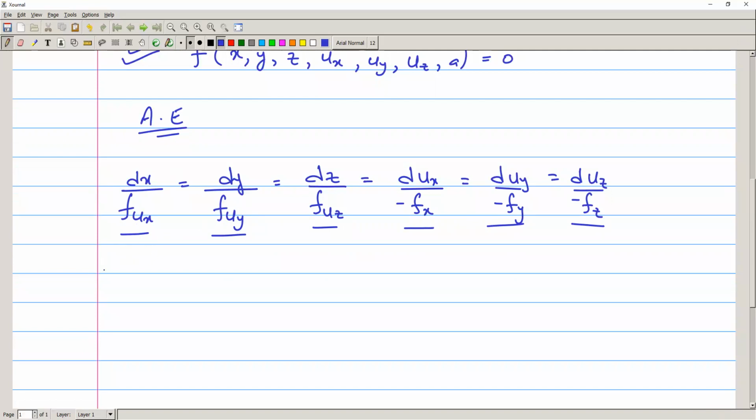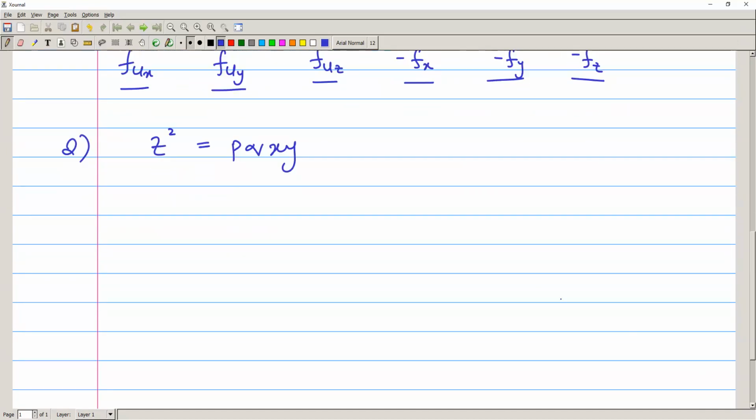So let's take a problem and start solving it using Jacobi's method. Let's say we are given the problem z squared equals pqxy. We can see that this is a function.